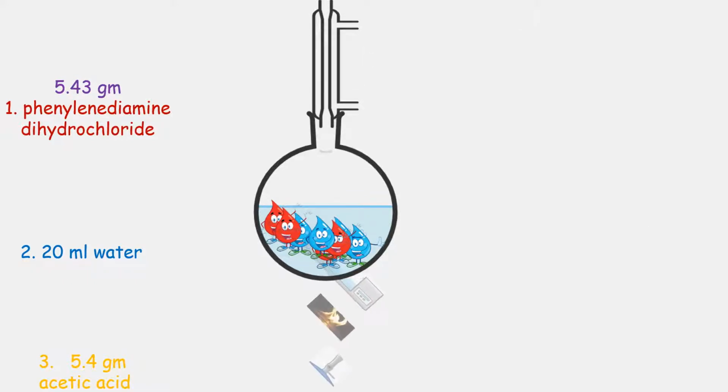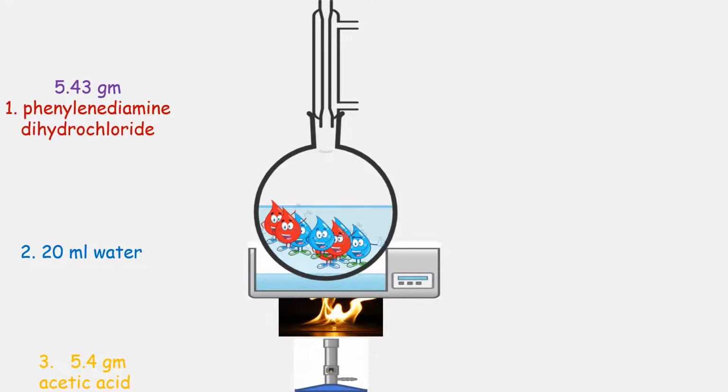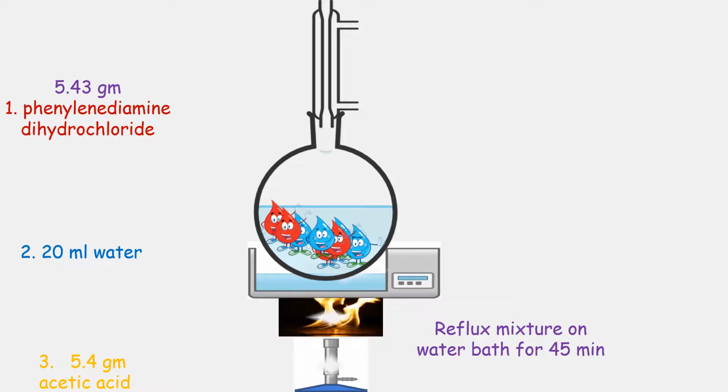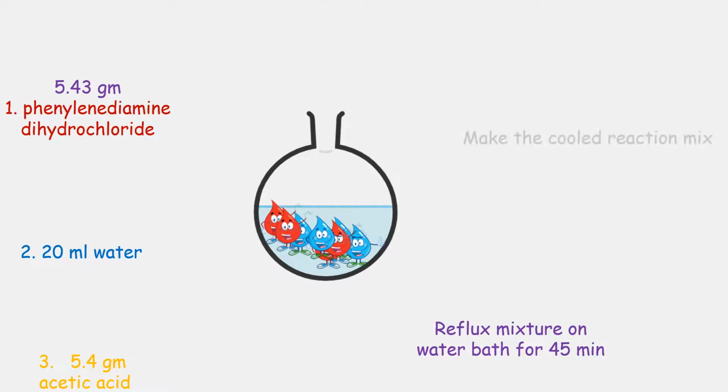Heat the solution on a water bath for 45 minutes, that is, reflux it for 45 minutes. Once the 45 minutes are over, close the burner, remove the water bath, remove the condenser and cool the mixture.